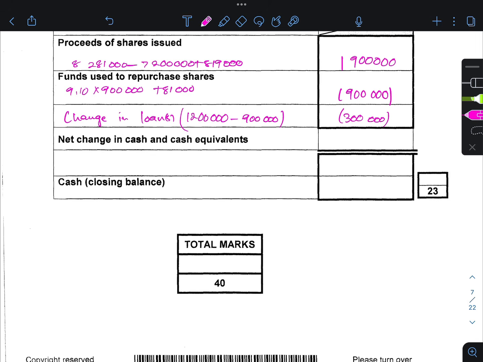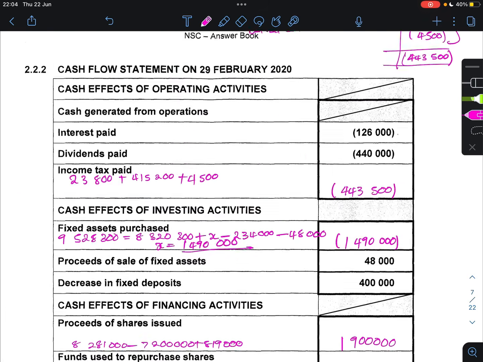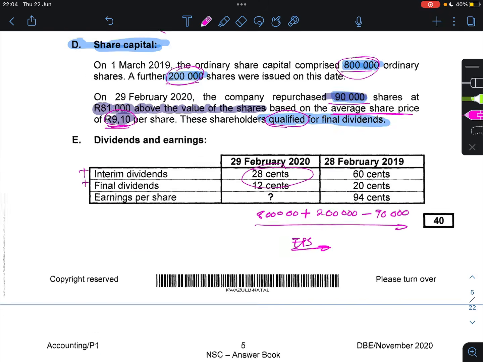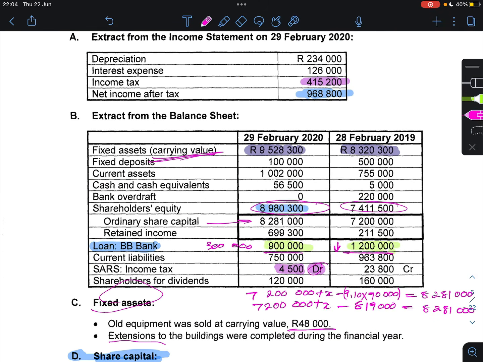So now your net change in cash and cash equivalents. Before we get to that, because we are going to be looking at these two amounts in order to get our net change, let's first look at your cash on your opening balance. When we look at our information, we are going to find that at our opening, we had cash and cash equivalent worth 5,000, but we also had a bank overdraft of 220,000.